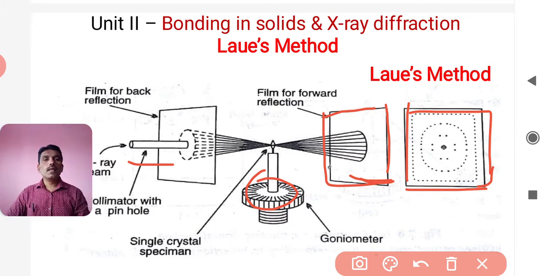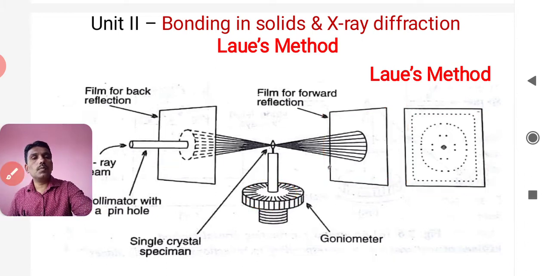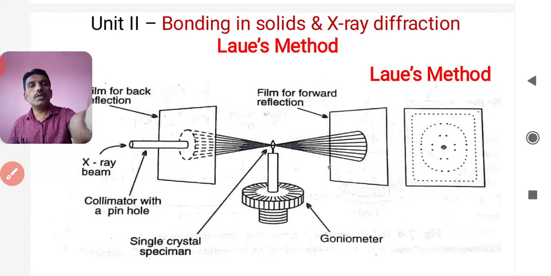This is exactly the arrangement, or the setup, for the Laue method, to get the Laue pattern and see how these wavelets work. Now the collimator is arranged in such a fashion that it has a pinhole, very small, as far as the collimator point is concerned.